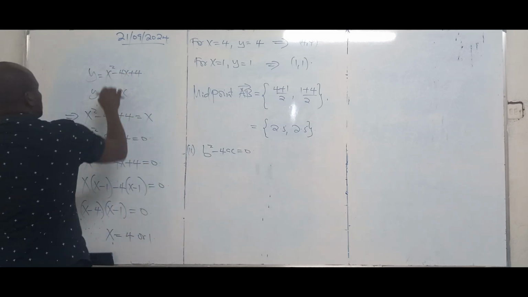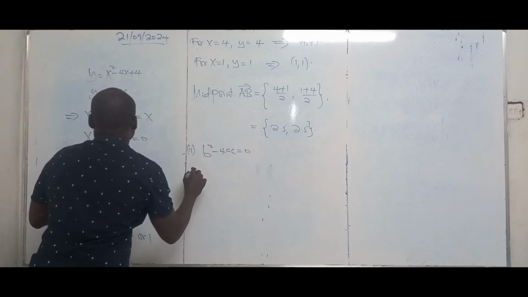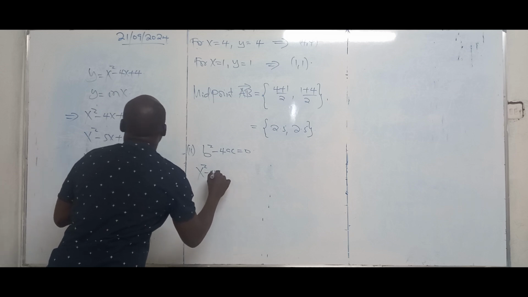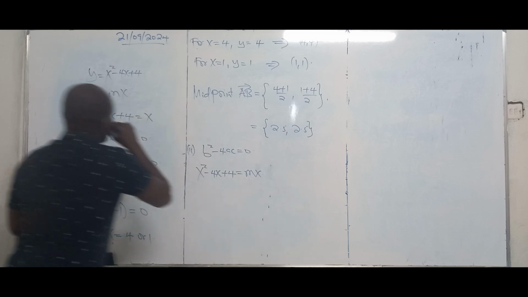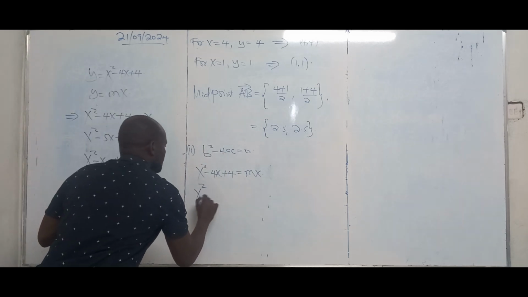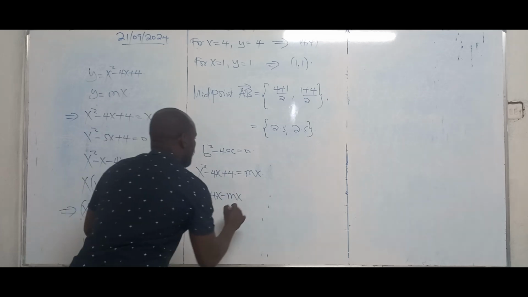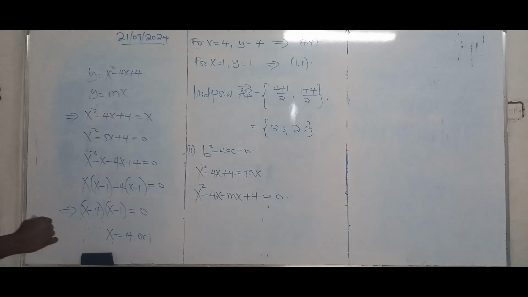But now we see what we have. We have x squared minus 4x plus 4 is equal to mx. So I collect like terms: x squared minus 4x minus mx plus 4 is equal to 0.